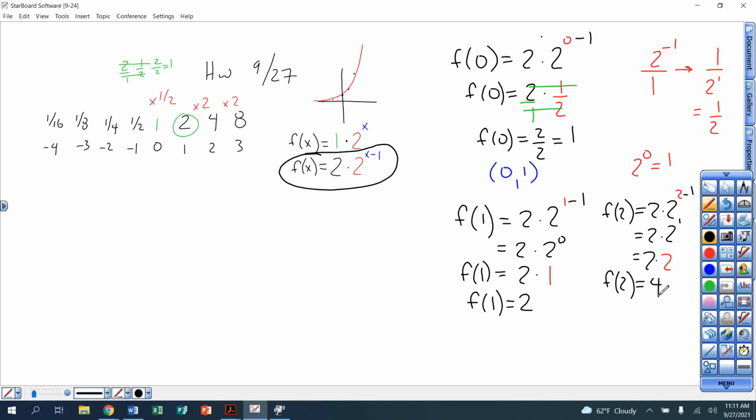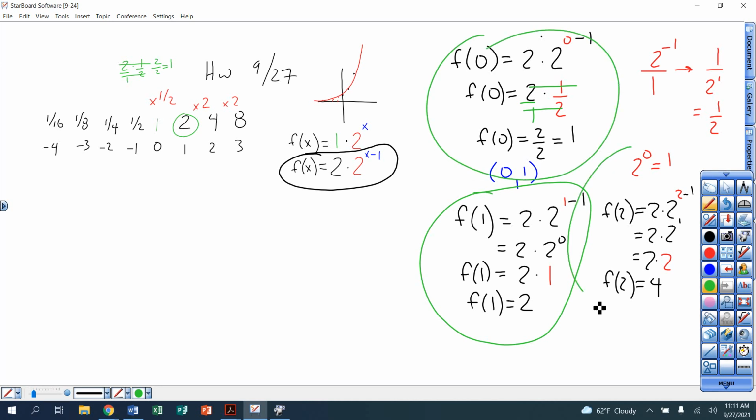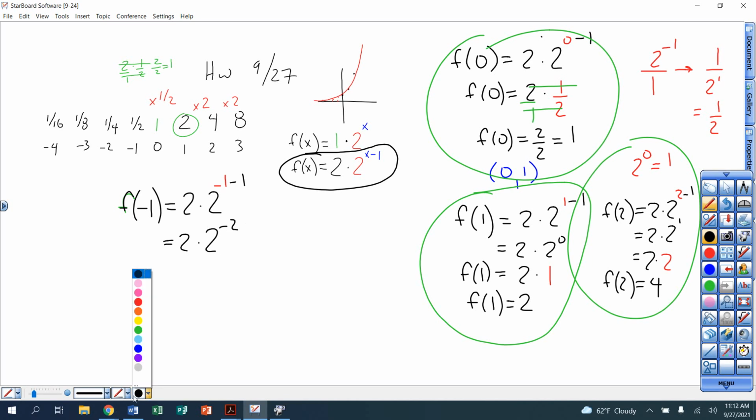All right, now the hard ones. Now I'm going to start plugging in negative numbers into that exponent spot to show you how I get those smaller values. So here I go. If I plug in negative 1 into that same equation using the first term, but now I'm going to put a negative 1 right here. That gives me 2 times 2 to the negative 2. And again, by definition, any number to the negative power is the same as putting it over 1, flipping it, and having that negative power become positive.